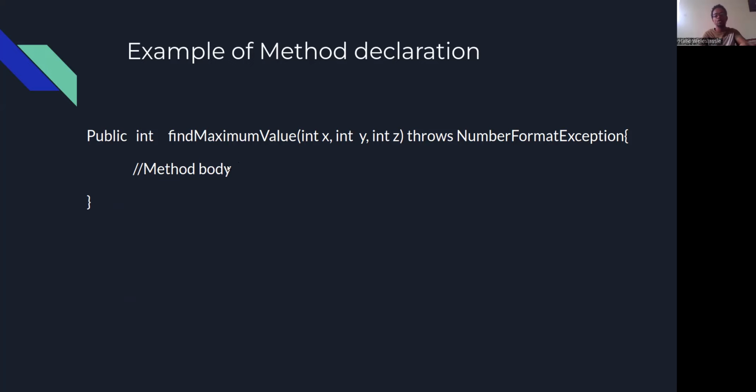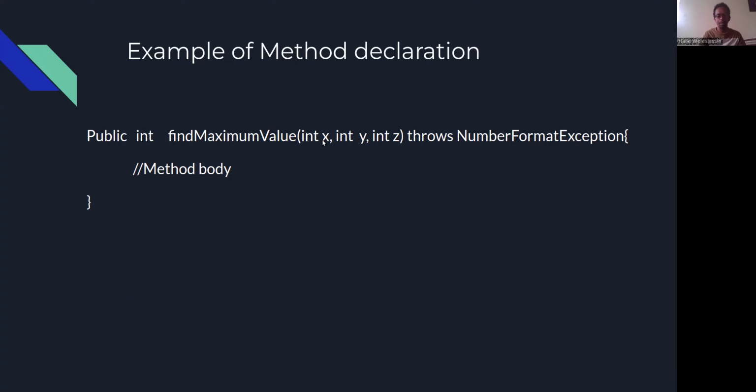The method body, right? We write the business logic here. So this is how we declare a method in Java. It includes the 6 parts, but they're not mandatory. For example, we may not throw an exception, or we may not use arguments.